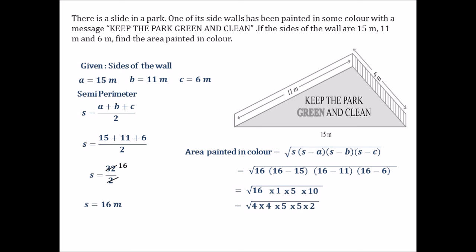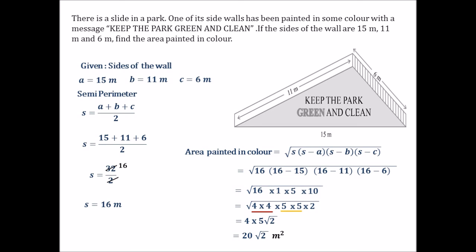Inside the square root, we have a pair of 4 and 5 is also in pairs. That means 4 and 5 can be taken out of the square root. Meanwhile, 2 does not have a pair, so 2 will remain inside square root only. So 4 into 5 under root 2. 4 5s is 20 under root 2 meter square.